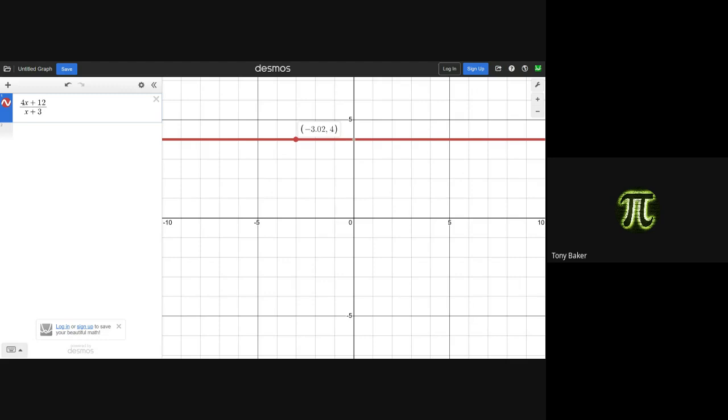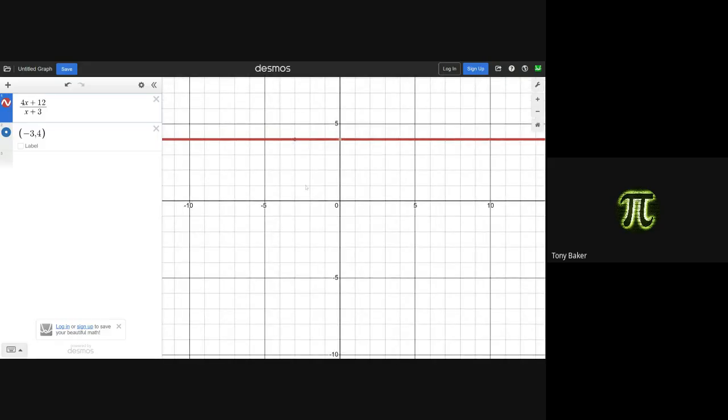And while -3 doesn't exist, I could easily add a number in there to fill in that point, and now it's continuous. That makes sense? Let's do another one.